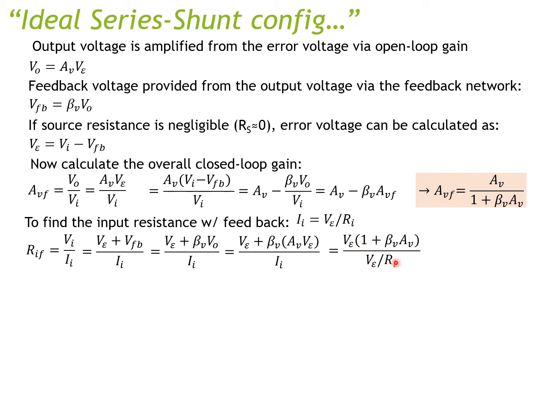You can replace that in here, then cancel out the error voltage to come up with an expression of RIF equal to Ri multiplied by 1 plus beta AV.